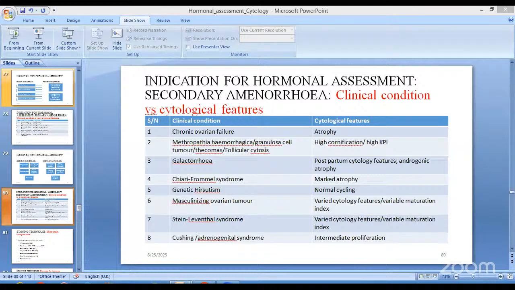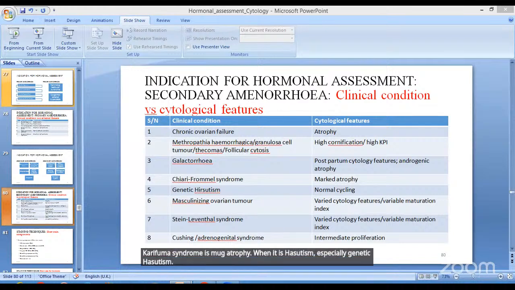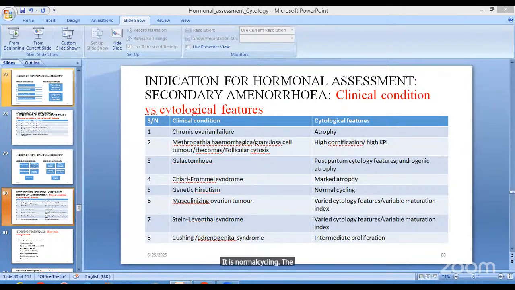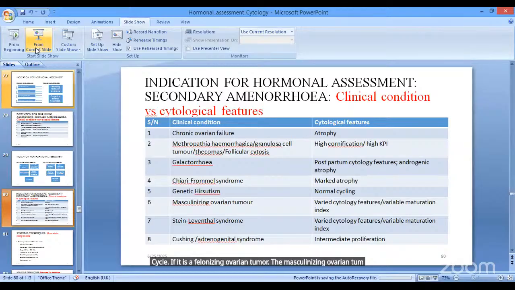Chiari-Frommel syndrome is marked atrophy. When it is hirsutism, especially genetic hirsutism, it is normal cycling. The individual will still be having the normal menstrual cycle. If it is a masculinizing ovarian tumor, you have varied cytology features.